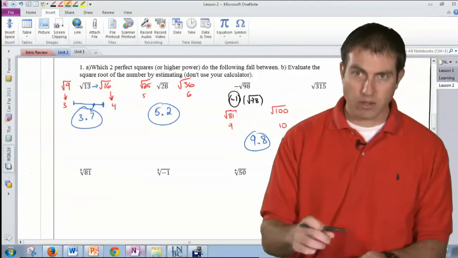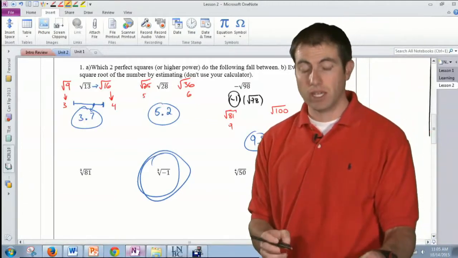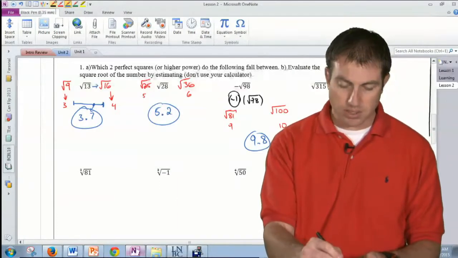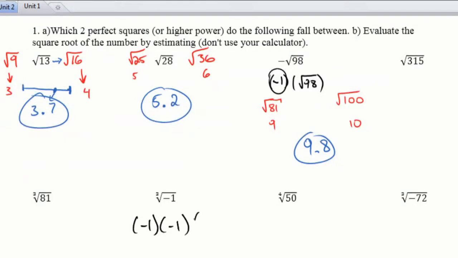You'll notice down here, which I think a few of you have, we have the cube root of negative 1, and the cube root by definition is something multiplied by itself 3 times. So if you think about negative 1 times negative 1 times negative 1, that is a number multiplied by itself 3 times.